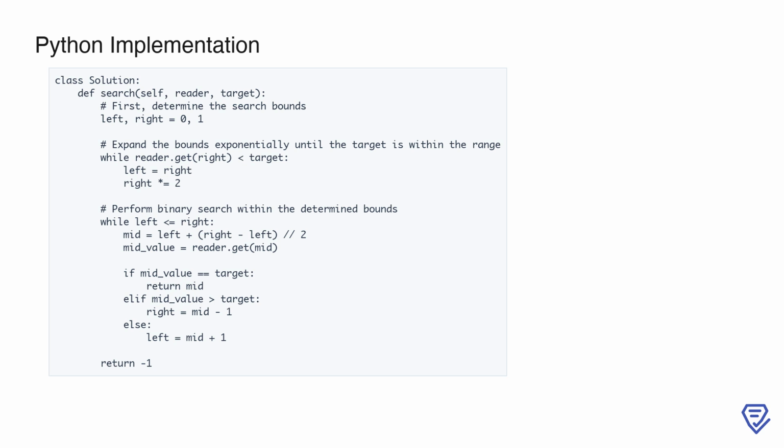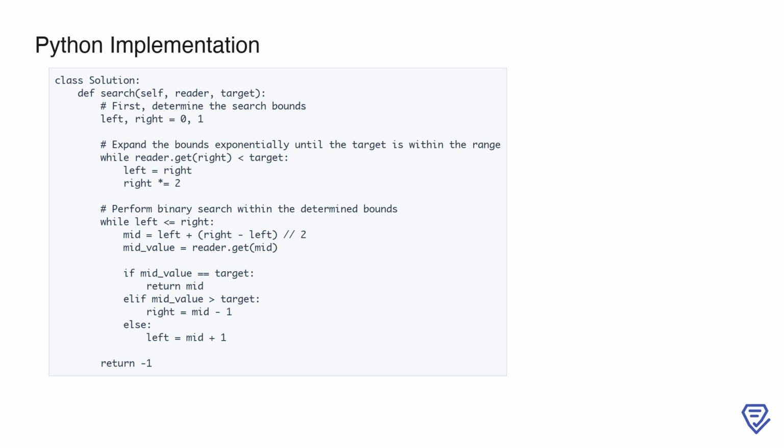Next, we perform a binary search within the determined bounds. The while loop runs as long as left <= right. Inside the loop, we calculate the middle index with mid = left + (right - left) // 2, avoiding potential integer overflow. We retrieve the value at this index using reader.get(mid). If the value at mid equals the target, we return mid as the index of the target.